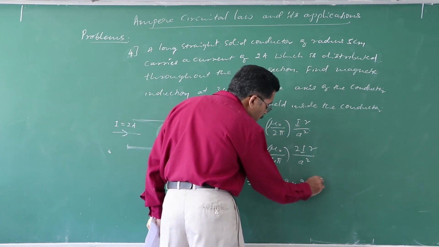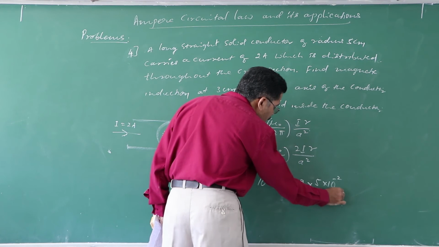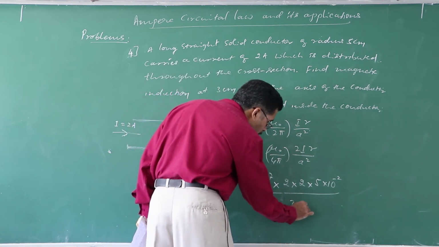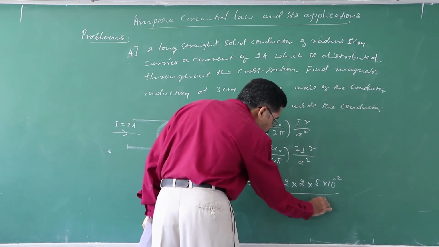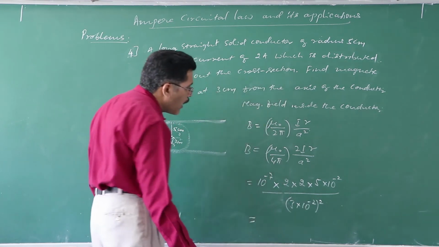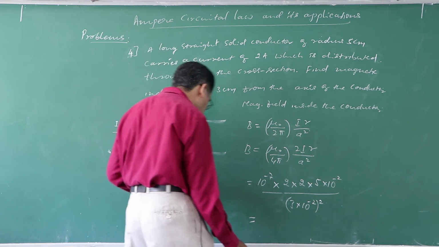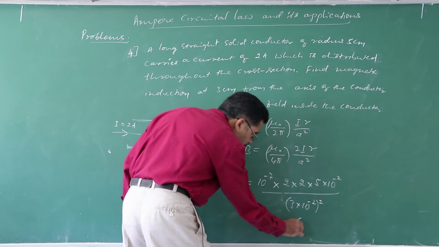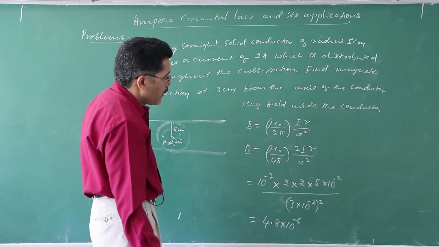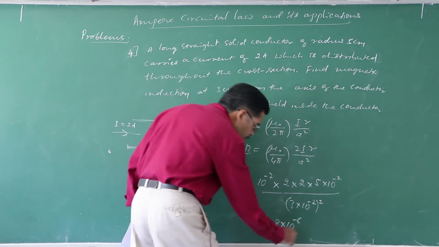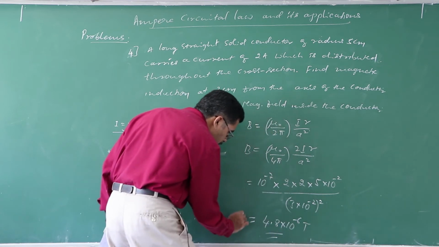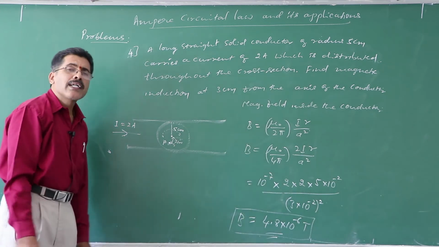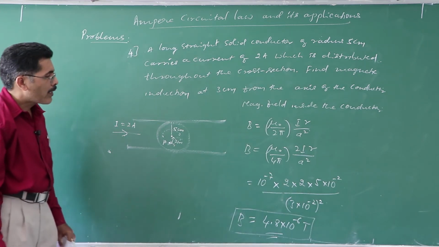Radius is 5 centimeter, 5 into 10 raised to minus 2, and r is 3 centimeter, 3 into 10 raised to minus 2, whole square. On simplification, you will get 4.8 into 10 raised to minus 6 Tesla. Therefore inside, the magnetic field is very small because the current is lesser inside. That's why the magnetic field decreases.